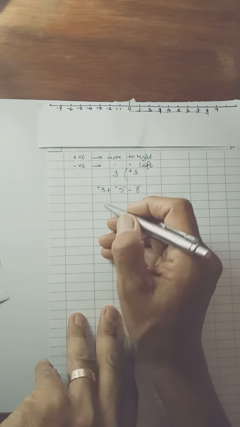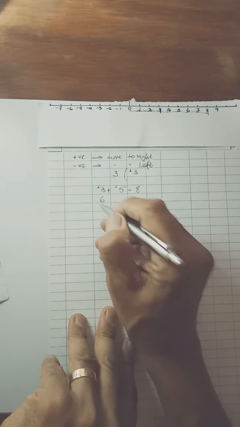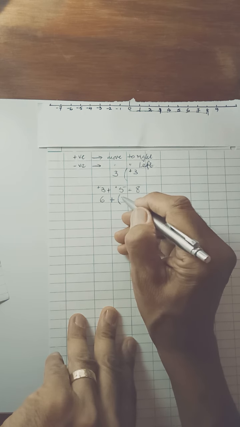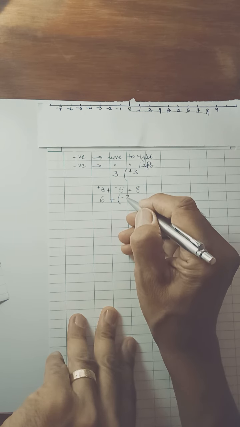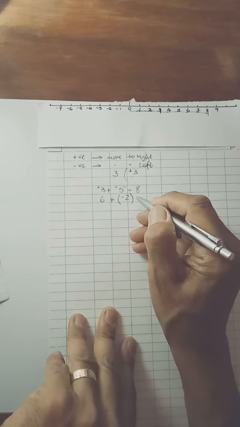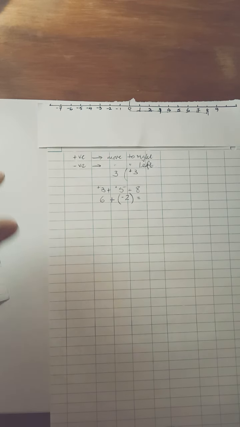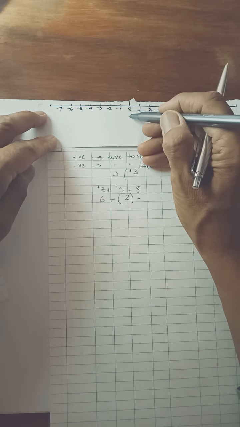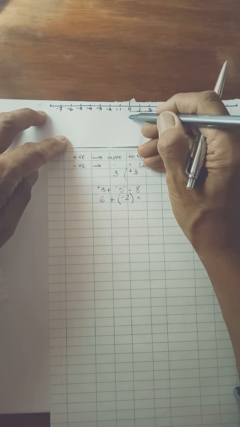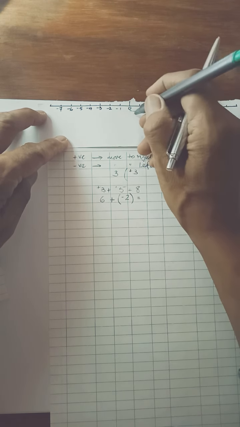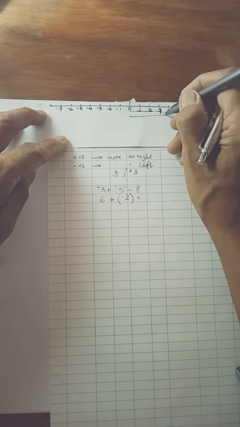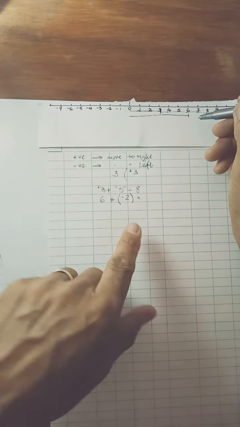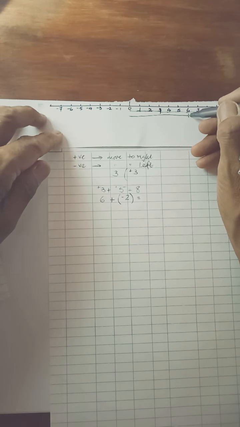Then we want to go on to adding negative numbers. So again, our first few examples are going to be results that are positive. So we start at 0, and we've got to go to the right 6 places. A negative number tells me to move to the left.